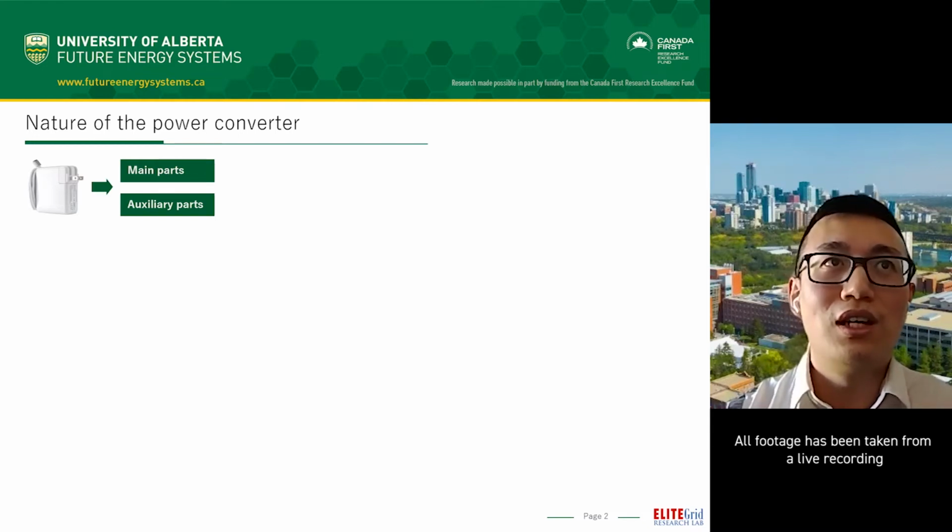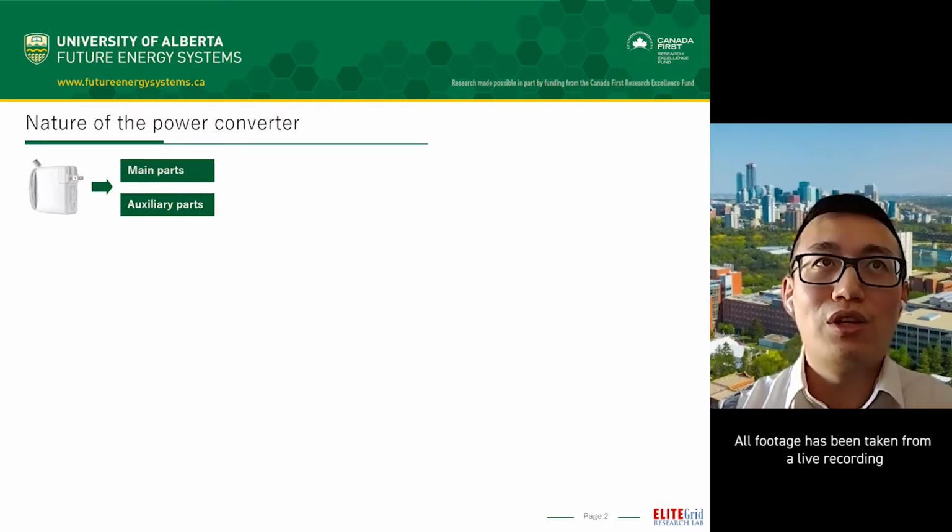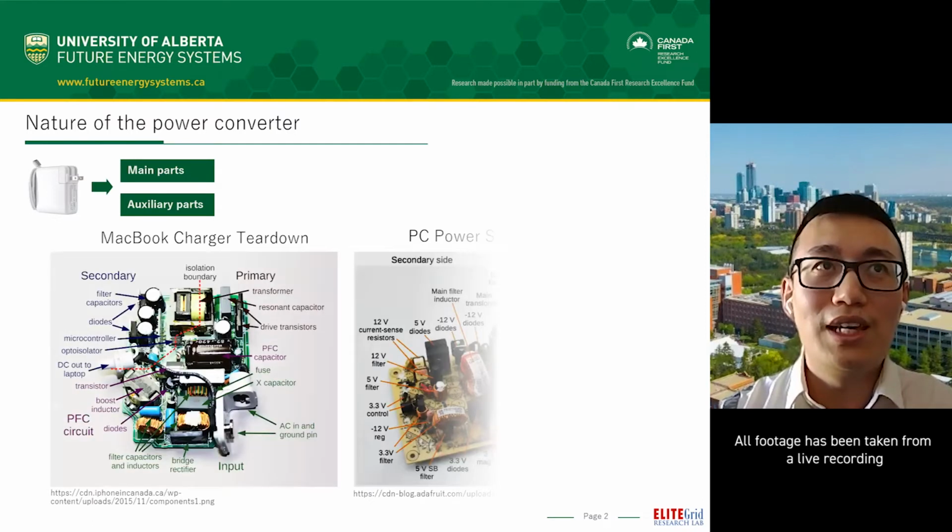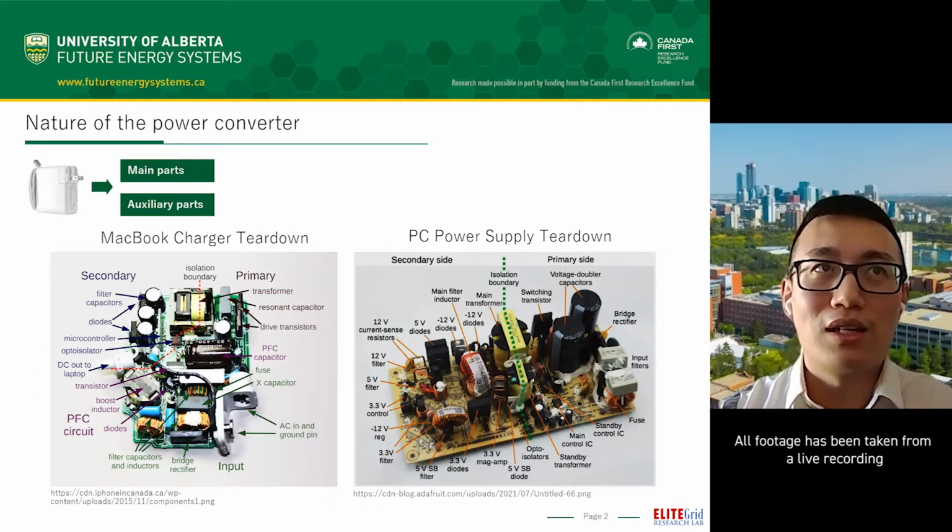A charger could consist of main parts and auxiliary parts. It may look quite simple and small, but inside it's quite complex. The fun fact is that despite the complex look, the charger and the power supply can share some similarities from the power electronics point of view.